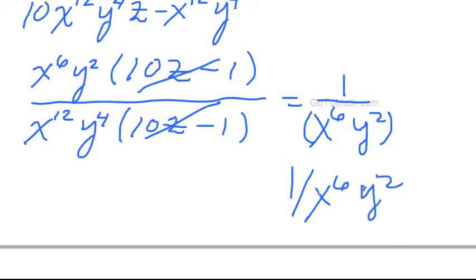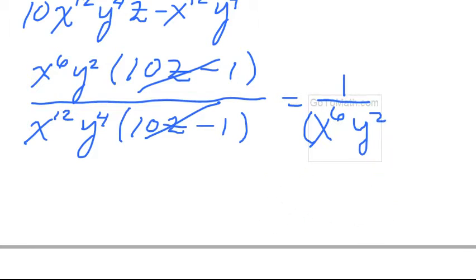See, if we don't do that, technically it'll go 1 divided by x to the 6th and then times y squared. Do you see that? So that's the reason you need to put parentheses around the bottom part here. If you were typing that into an algebraic calculator or any kind of algebraic system, that's the way it would read it. So you have to put parentheses around that.